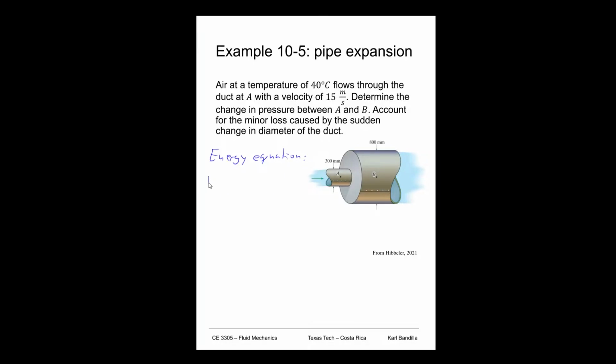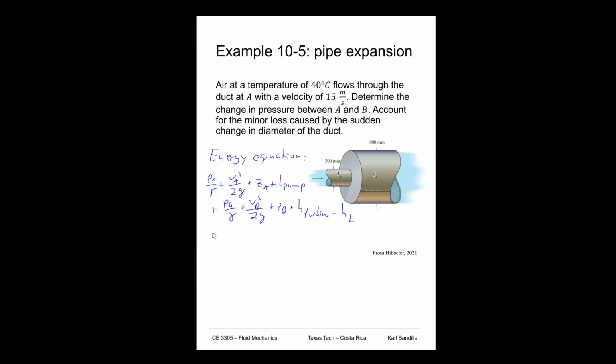We get PA over gamma plus VA squared over 2G plus ZA plus H pump, plus PB over gamma plus VB squared over 2G plus ZB plus H turbine plus HL.